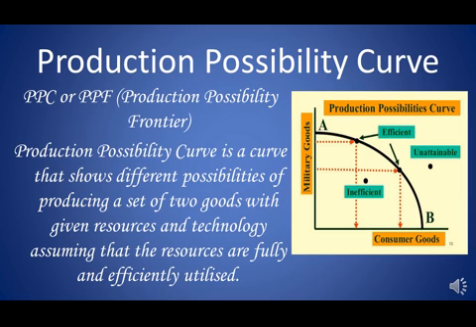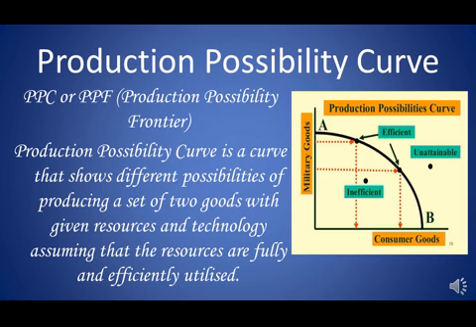In 1 mark, it may be asked to define production possibility curve. So its definition is: production possibility curve is a curve that shows different possibilities of producing a set of two goods with given resources and technology, assuming that the resources are fully and efficiently utilized.